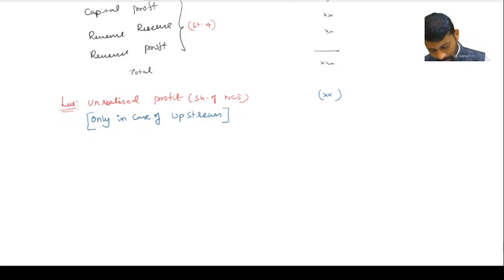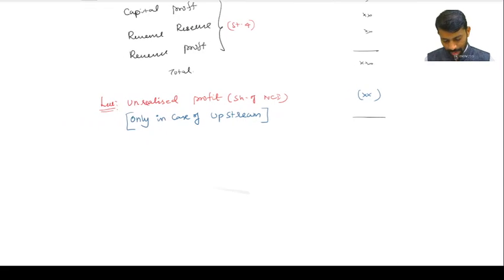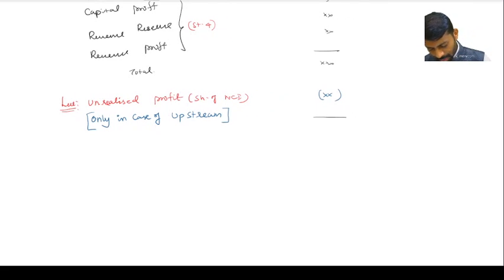This is nothing but, my dear friend, suppose a holding company is there and this is the subsidiary. If the subsidiary company sold goods, this is called upstream. If the holding company sold to the subsidiary, this is called downstream. Are you understanding?